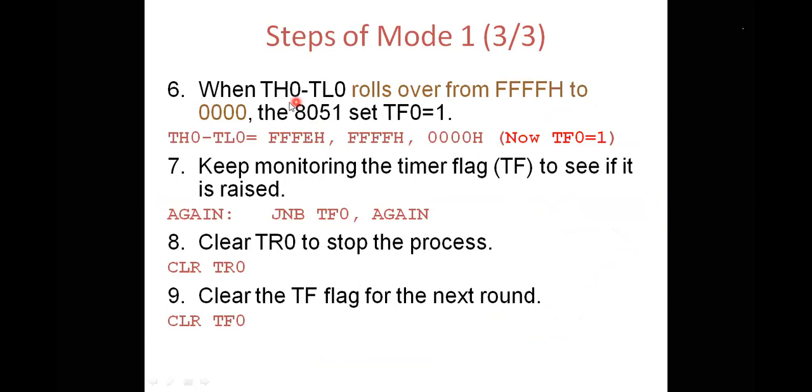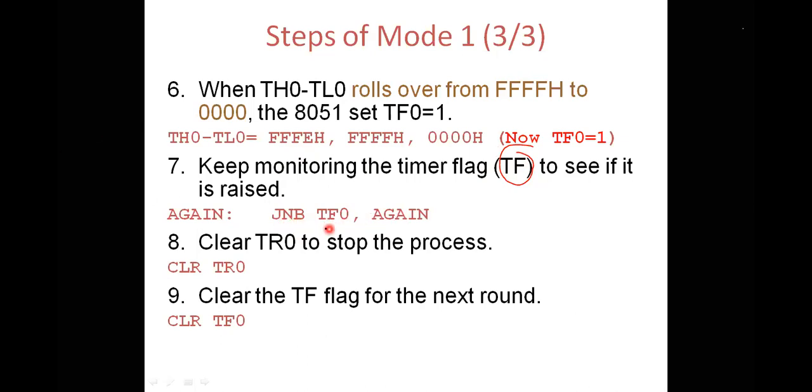So see here, when TH0, TL0 roll over from FFFF to 0000, TF0 becomes 1. So you have to keep on monitoring this TF0 bit, by using the instruction JNB TF0, again.